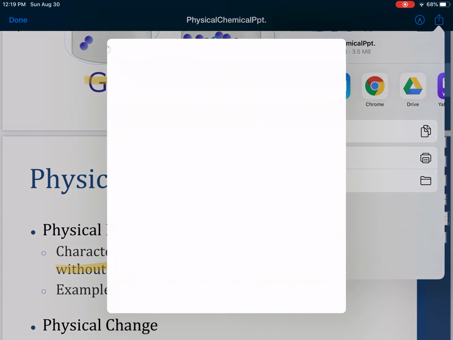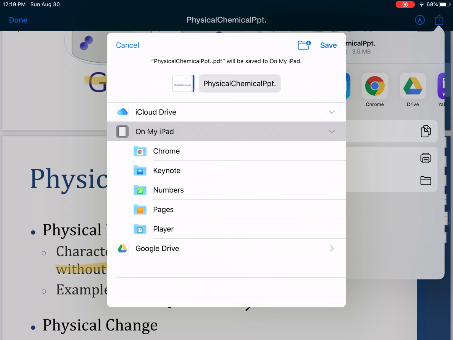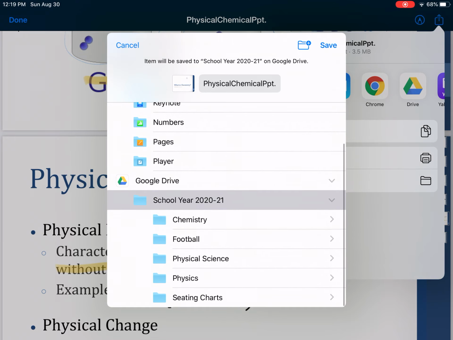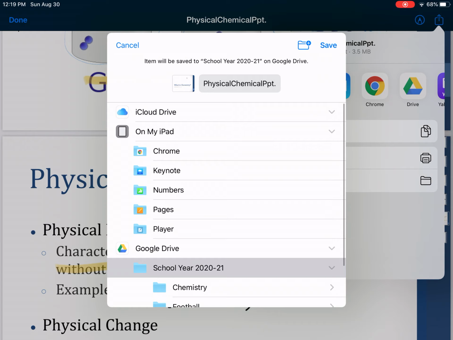I can click Save to Files, and then you can save it anywhere, iCloud Drive on your iPad or in your Google Drive. I'll save it on my Google Drive. That's how you guys would save your annotated notes.